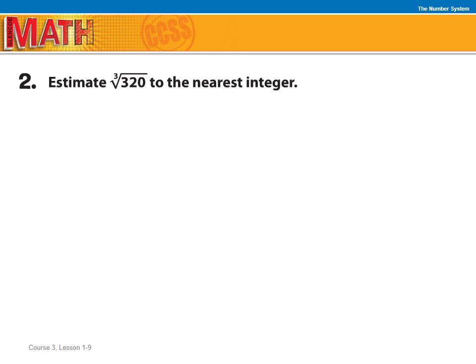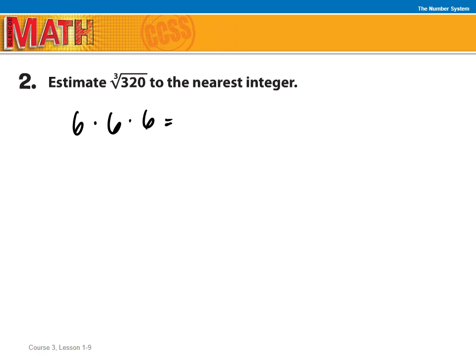Example 2. Estimate the cube root of 320 to the nearest integer. Okay, with cube roots, it could get a little bit trickier. But instead of using a calculator in this instance, I'm going to use guess and check. Let's start with 6. 6 times 6 times 6.